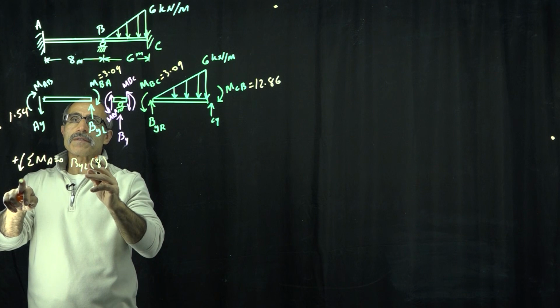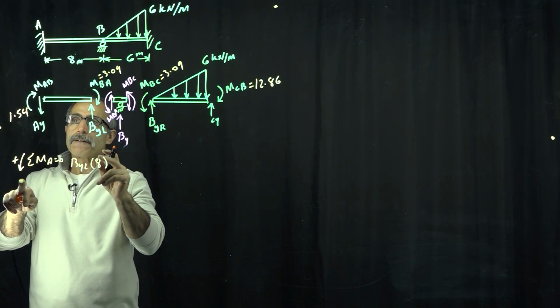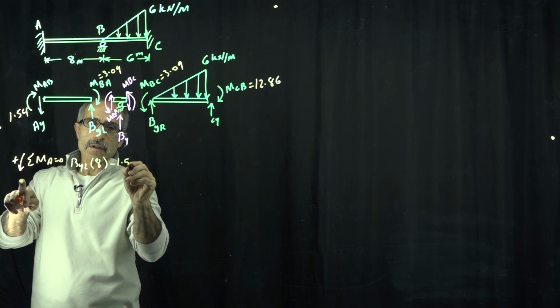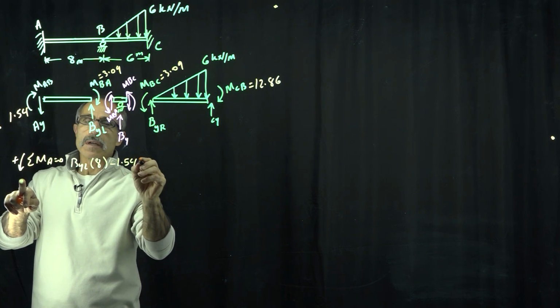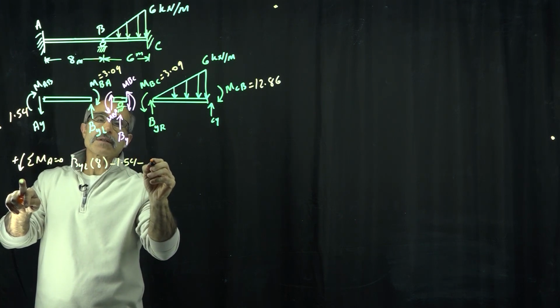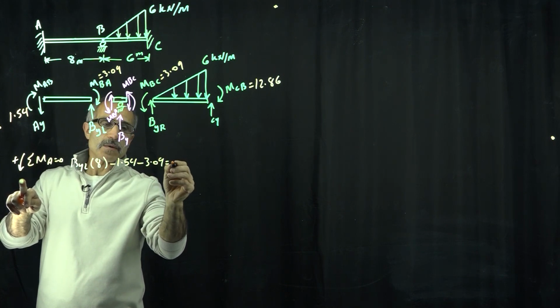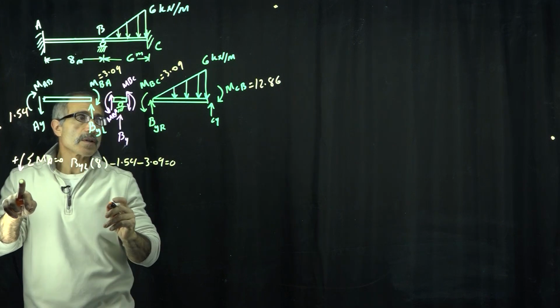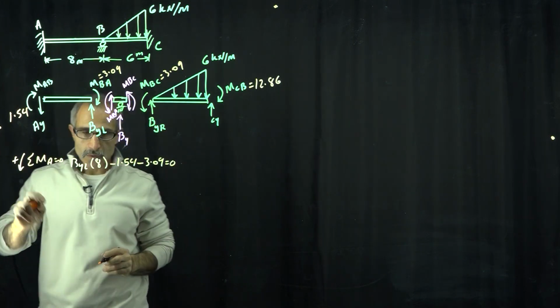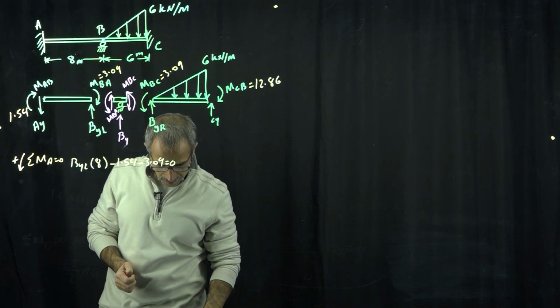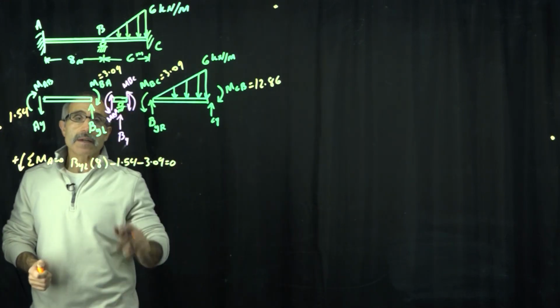And then I'm going to have minus 1.54, minus 3.09, equal to 0. And that will give me BY left comes out to 0.579.